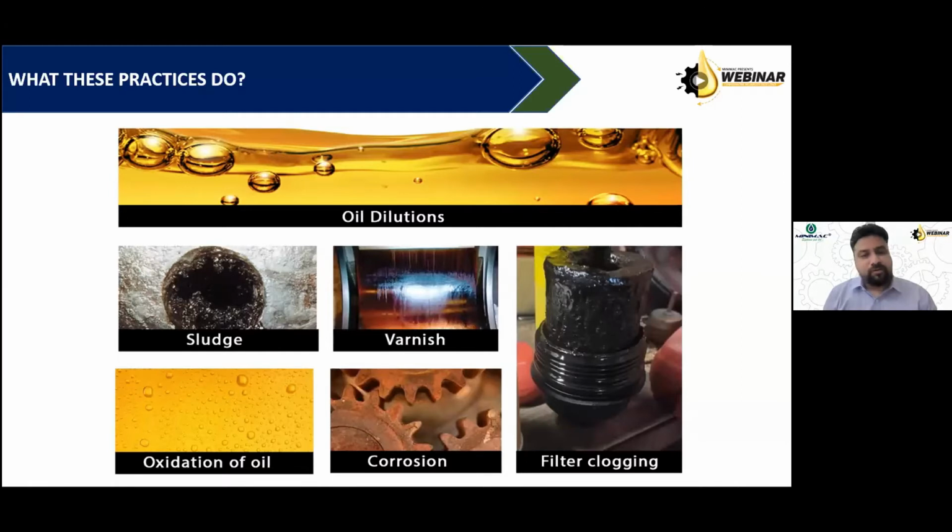Here we need to understand that certain wrong or unprofessional practices, if used in your plant, create chances of oil dilution. And oil dilution is a very dangerous scenario. Just today, I got a phone call from one of the plants. It's not related to compressor oil, but to another synthetic fluid.